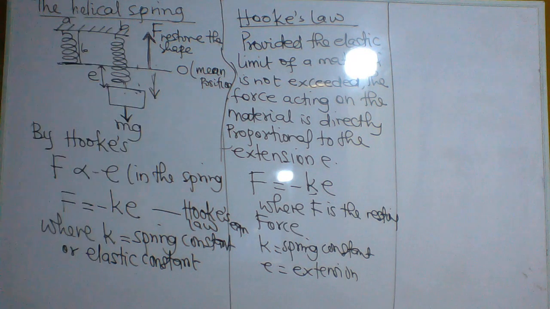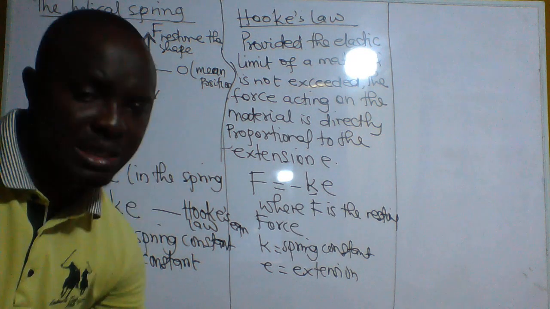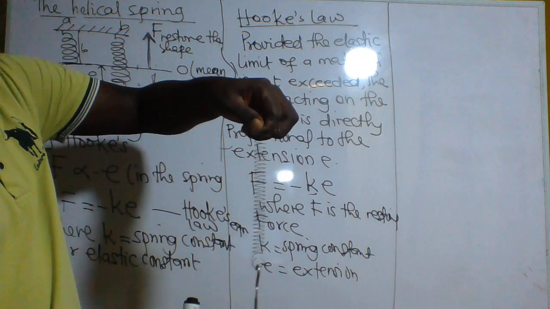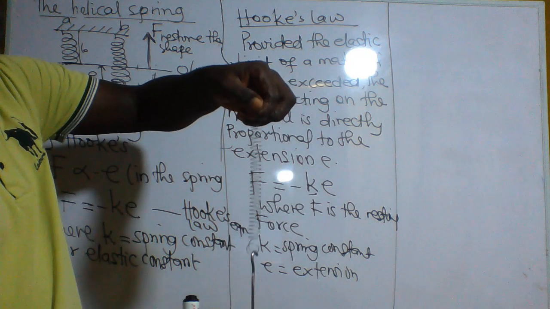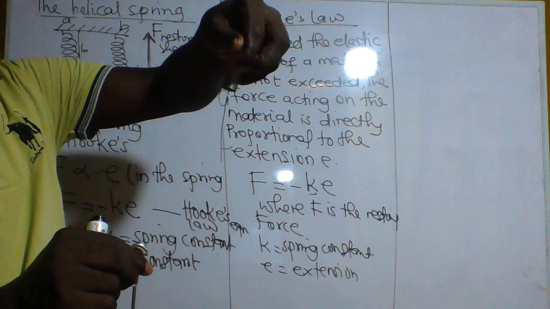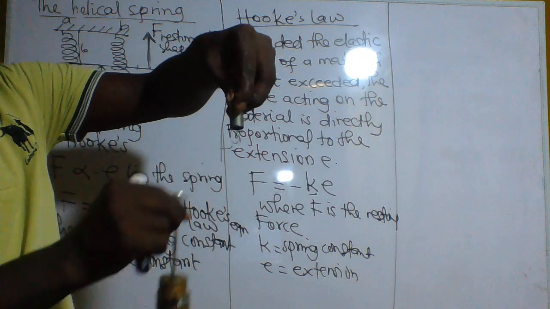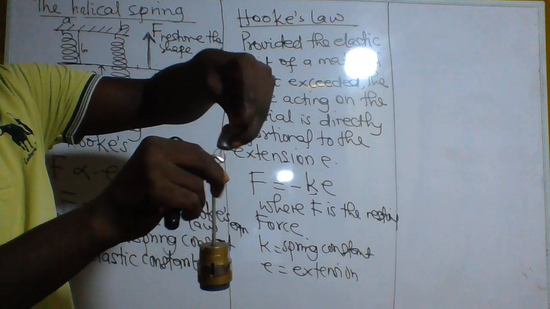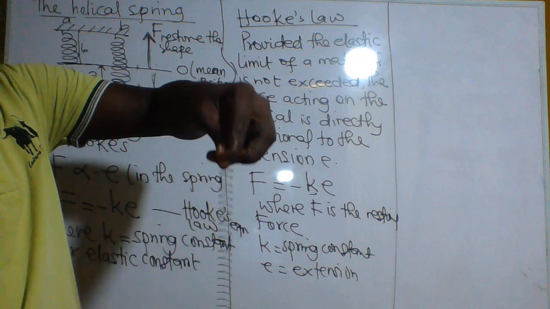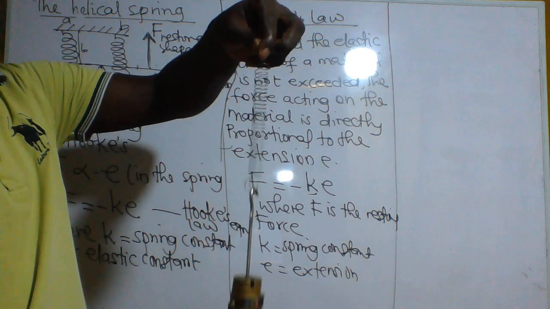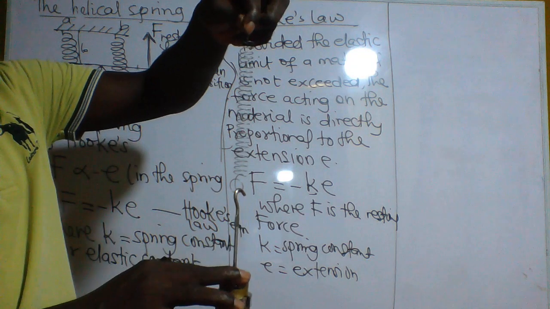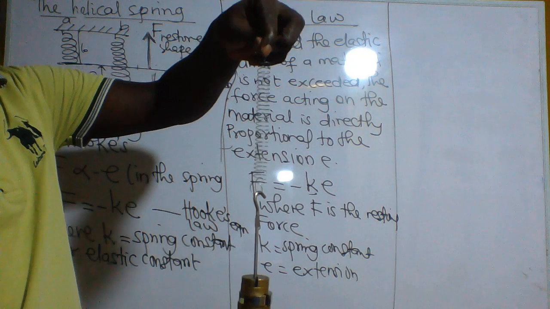We realize that when the load is attached or connected to the spring, the spring oscillates. Without the load, this is it. When the load is connected to the spring and is left, the body oscillates up and down, or the mass oscillates up and down due to the extension within.